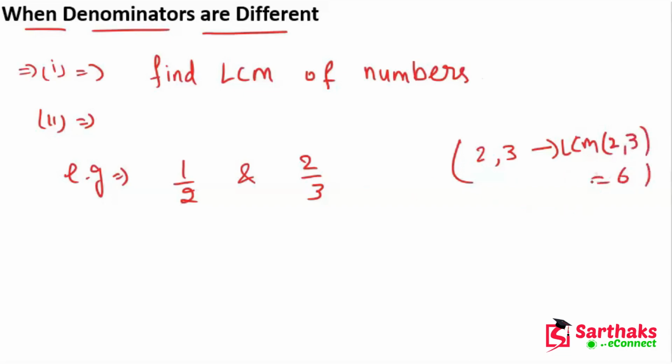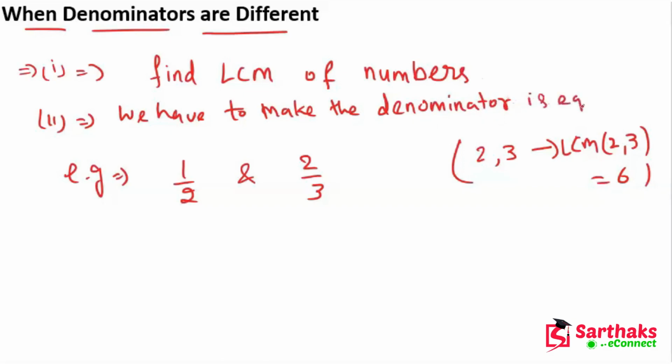So now we have to make the denominator equal to 6 in both the numbers.